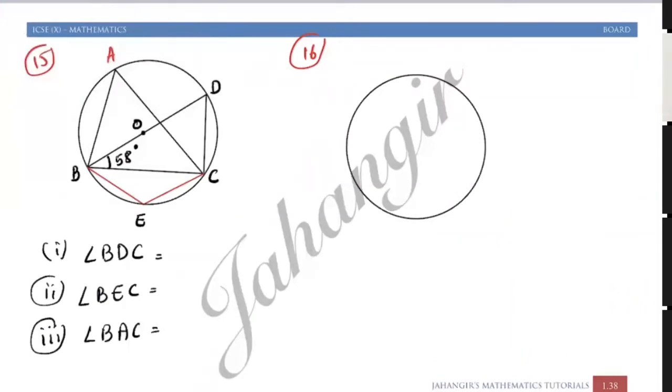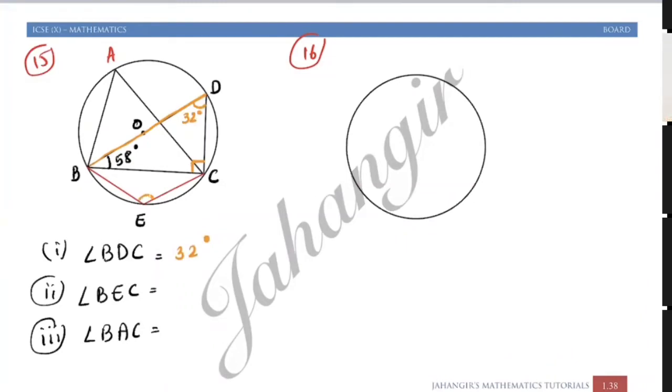Now BDC. First, how you can find BDC? As we know, BD is a diameter. So angle inscribed in a semicircle is 90 degree. So 180 minus 58 minus 90, you will get 32 degree. BDC is 32. Now what about BEC? BEC is the opposite angle of cyclic quadrilateral.